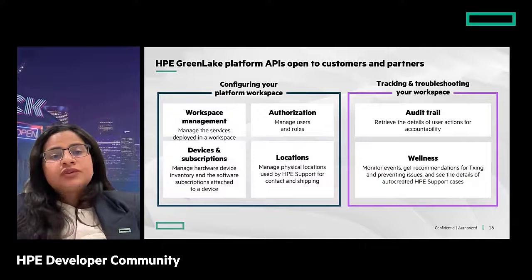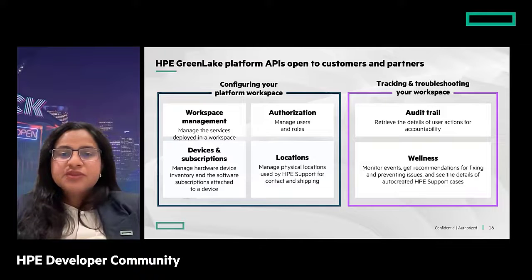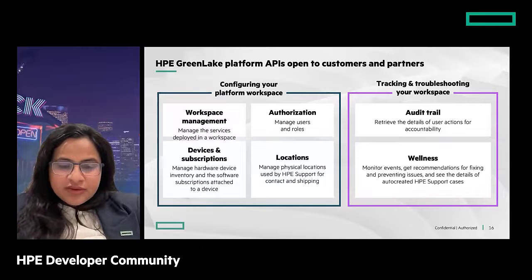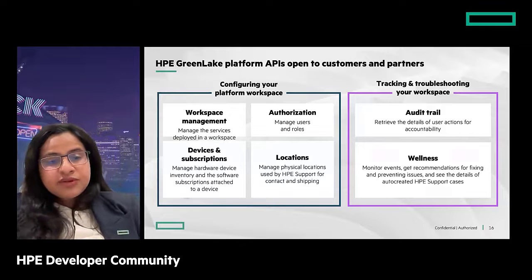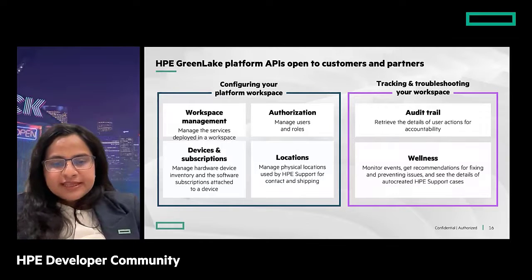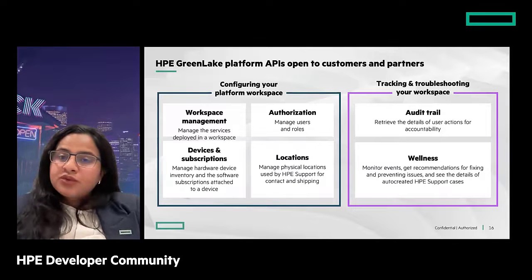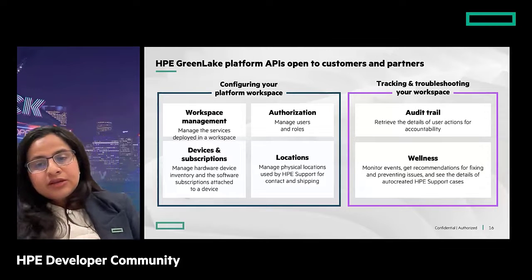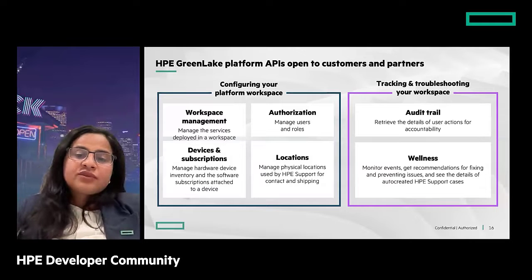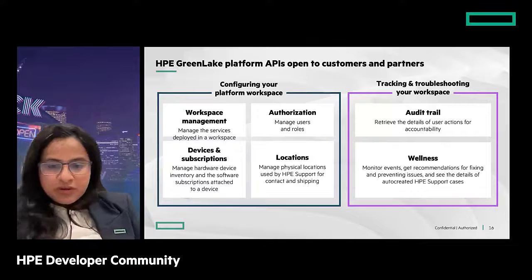With the first rollout, we have opened these APIs to our customers and partners: workspace management; authorization, where you can manage users and roles; device and subscription, where you manage hardware devices, inventory, and the software subscriptions; the physical locations where these devices are located; the audit trail, so you are secure and can see what user actions have been performed to take a log; as well as wellness, how you can monitor events and get recommendations for fixing and preventing issues on your devices.